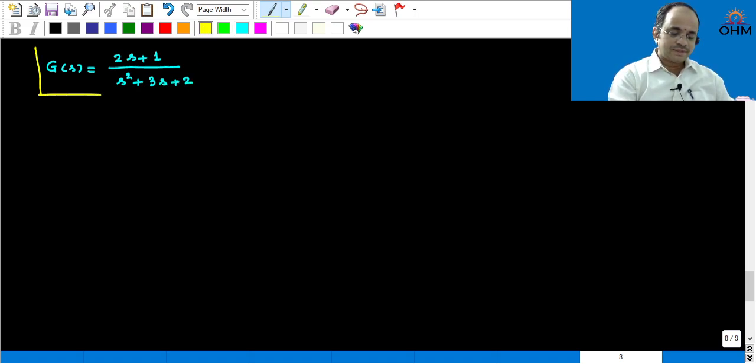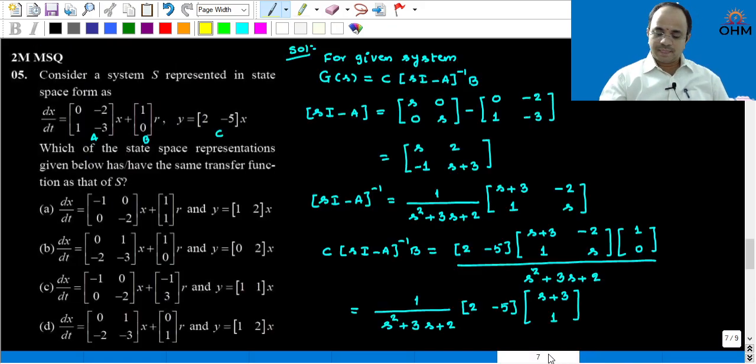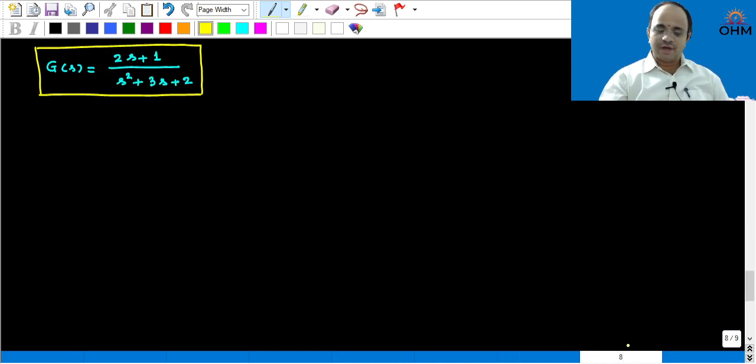Now what I did here, for all of these 4 options, I calculated the transfer function by following the same procedure. If you have any new method or any simplified way to determine the transfer function for the remaining systems, please give me in the comment box. But I did the transfer function for all of these cases. Out of that, I figured out for two options, the transfer function is matching with the given system transfer function.